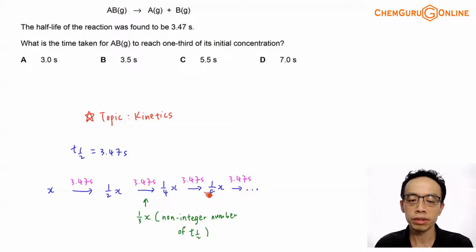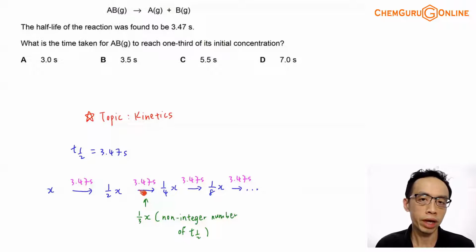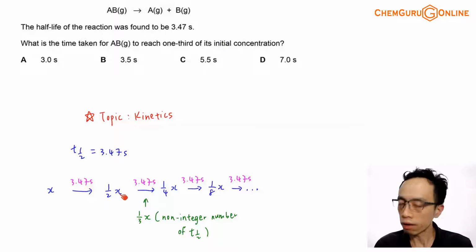Another 3.47 seconds, the concentration will be 1/8 x, and so on. So basically, after every half-life, the concentration of the reactant will be halved. We notice after one half-life, after two half-lives, and after three half-lives, the concentration of the reactant is decreased to 1/2 x, to 1/4 x, and so on.